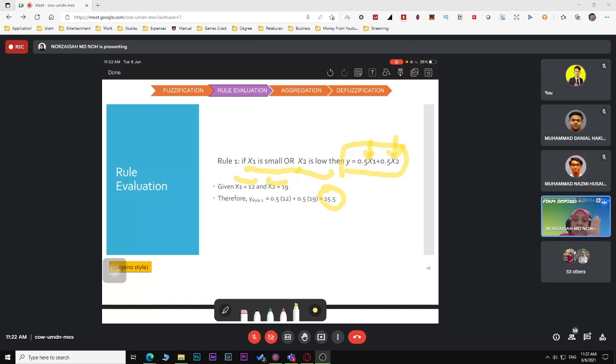Dia bukan jenis bentuk graf dalam bentuk area yang macam you tengok sebelum ni. Untuk output saja, untuk input tetap sama menggunakan the same form of fuzzy set yang ada graf tu. Cuma output dia mungkin tidak sama. Okay, ini sebabnya apa? Usually Sugeno is used in machinery.